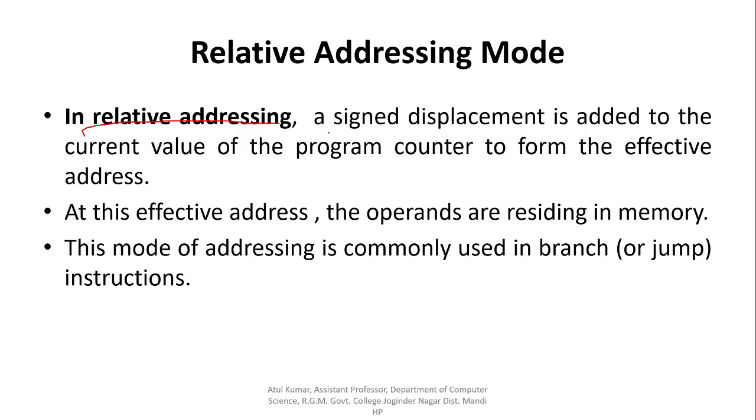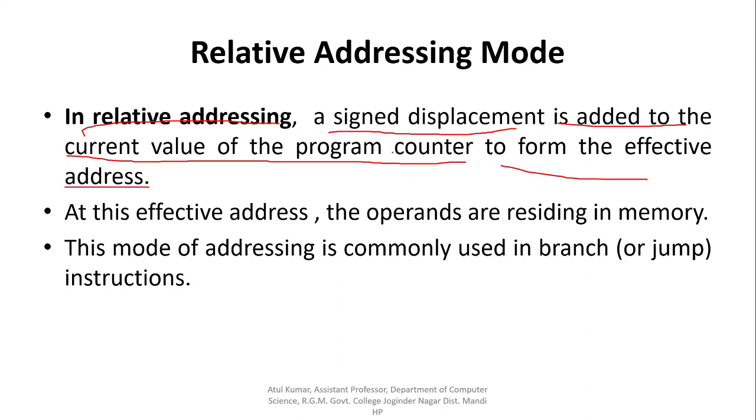Next addressing mode we have is relative addressing mode. In this case there is a displacement, or some value, that is to be added to the current value of the program counter to form the effective address. The program counter, we already know, contains the address of the next instruction.